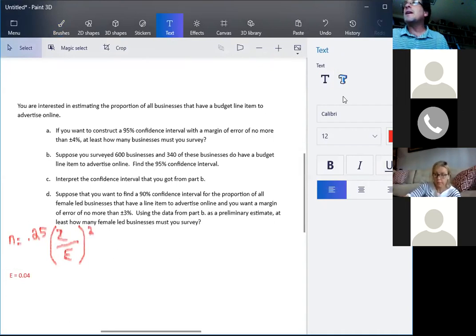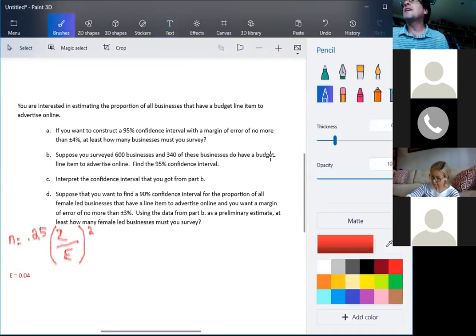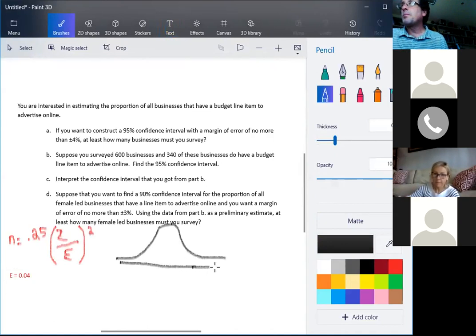For Z, what I do is I draw a picture. And you know what the picture always is in this class? There's only one picture, basically. We have a normal curve. And we're going to do the standard normal curve, so the mean is 0. Now, we want a 95% confidence.